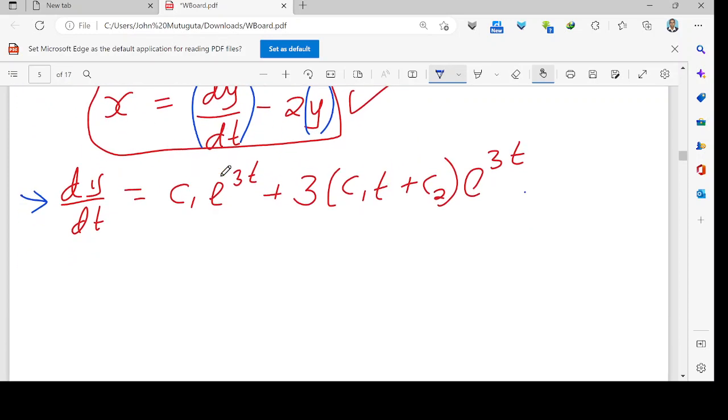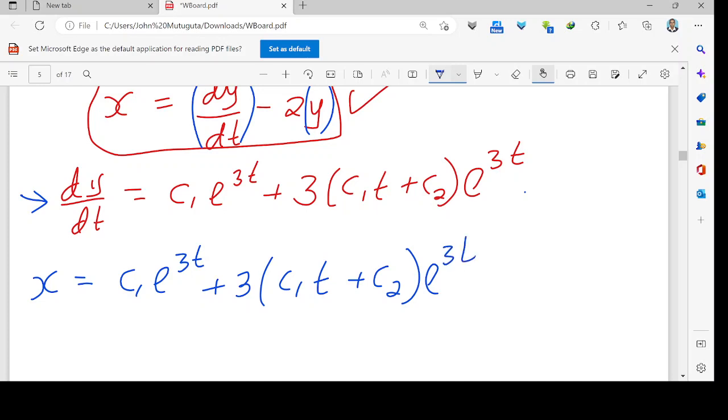Notice that we shall multiply y by 2. So x is therefore given by dy/dt, which is c1 e raised to power 3t plus 3 times (c1 t plus c2) e raised to power 3t. This is dy/dt. And then we subtract 2y, 2 times (c1 t plus c2) e raised to power 3t.